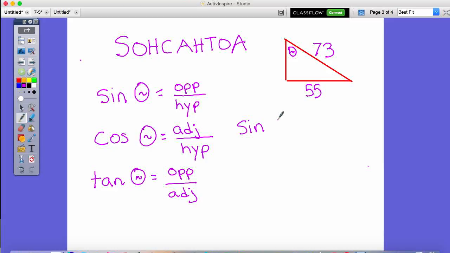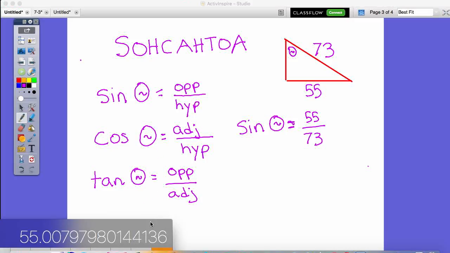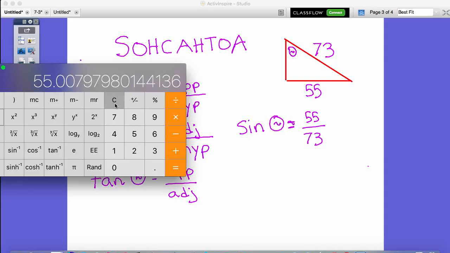The sine of theta is equal to the opposite over the hypotenuse. 55 divided by 73.